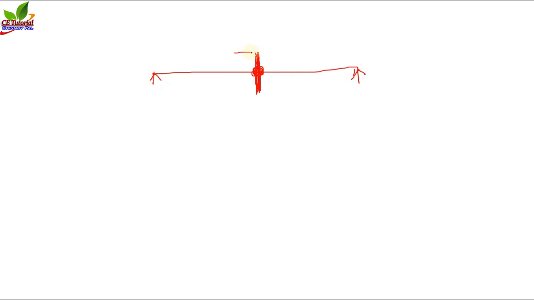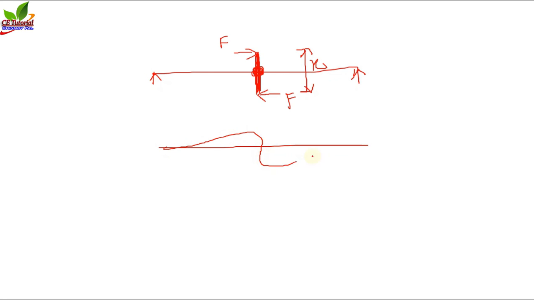Now if I apply a force at this point and a force at this point, the force is F, suppose, and the distance between these two forces is X. Now we can say that if it is a clockwise moment, a couple of forces, the beam will bend like that, and this is the rigid bar.